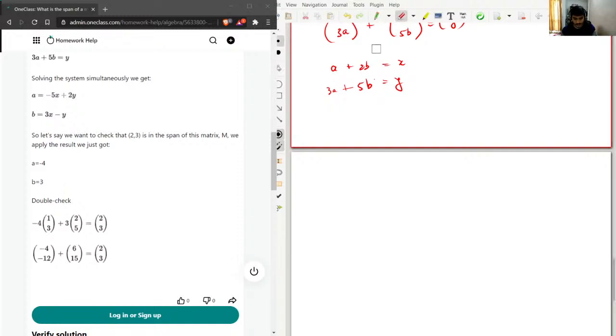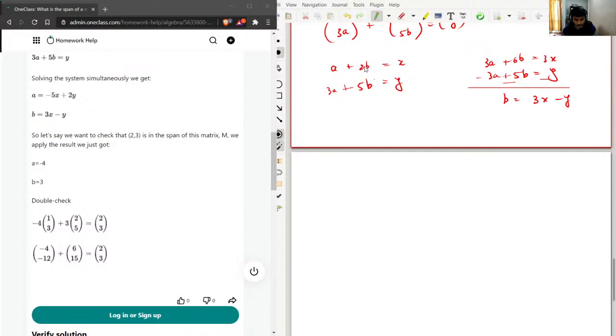So this will be 3a plus 6b equal to 3x, and 3a plus 5b equal to y. Subtracting, this will become b equal to 3x minus y.